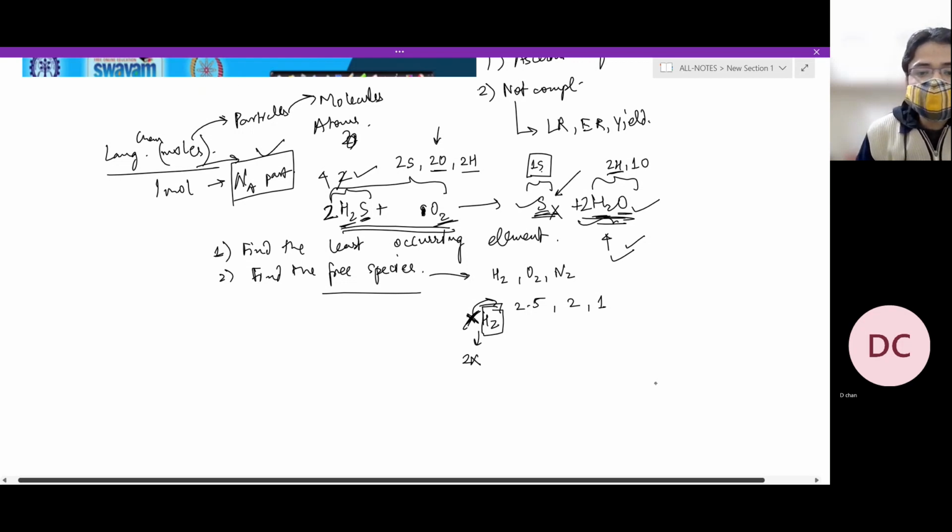Now you have the freedom of writing, and wait, this is SO2. I'm sorry about that, this is SO2, not O2. The other things are unchanged. Only the sulfur is now unbalanced.